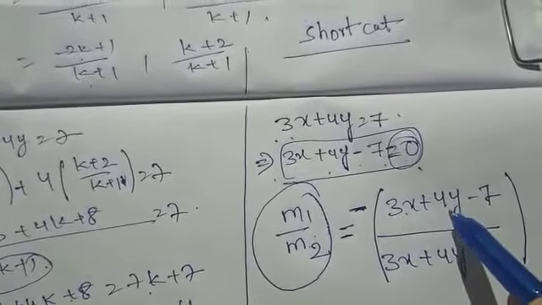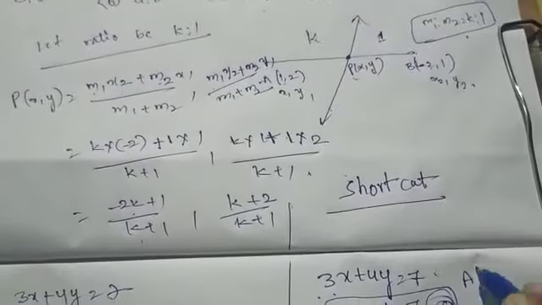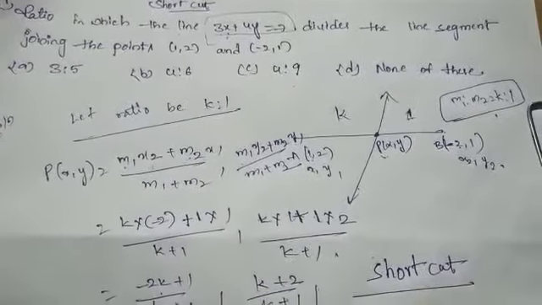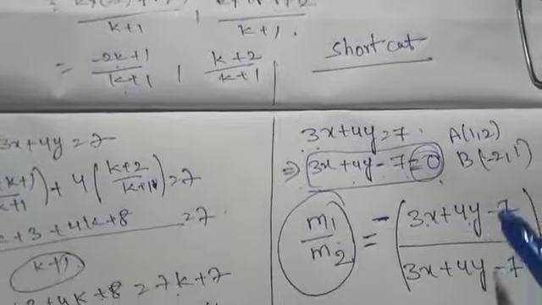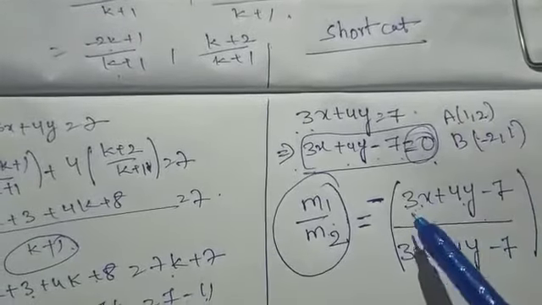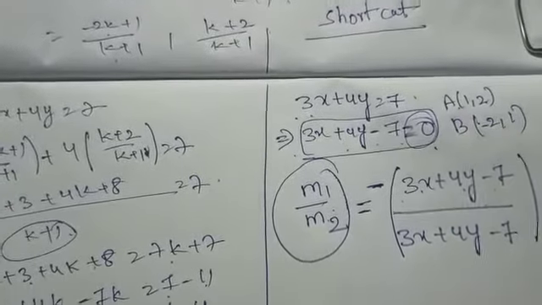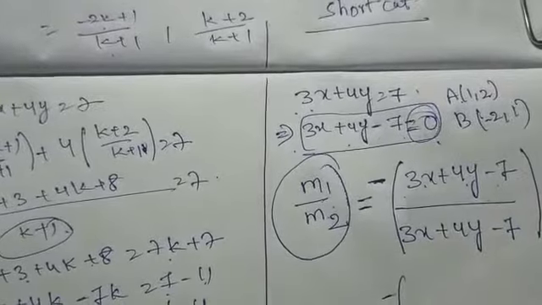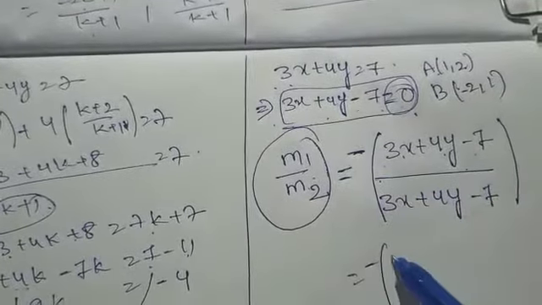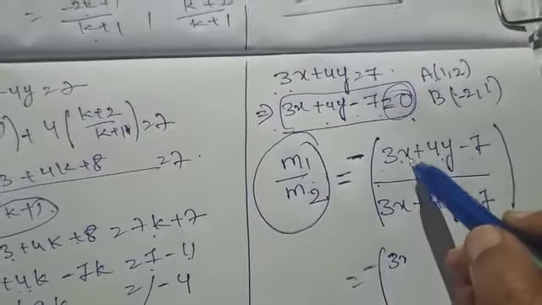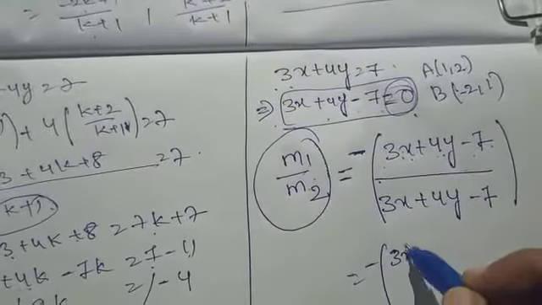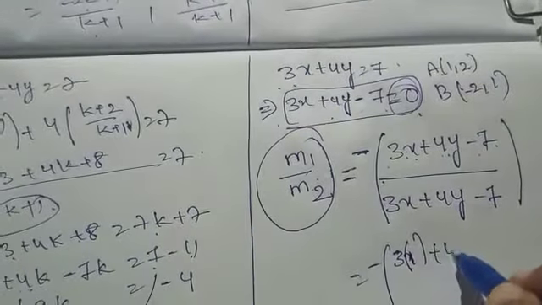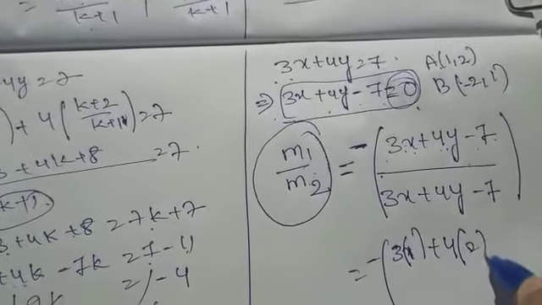Here the x and y values are the given points A(1, 2) and B(-2, 1). A(1, 2): substitute in the equation. In the numerator, the expression is 3x + 4y - 7. Here x value is 1, y value is 2: 3 into 1 plus 4 into 2 minus 7.